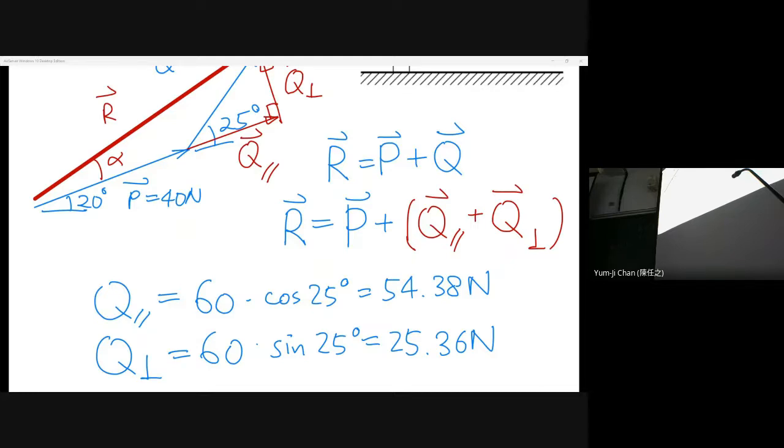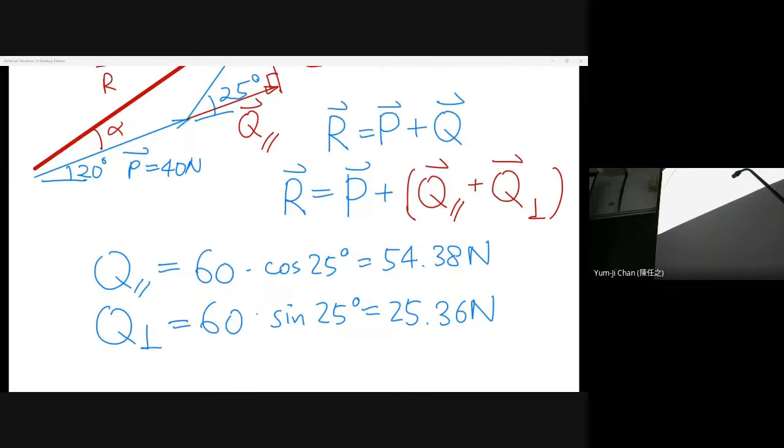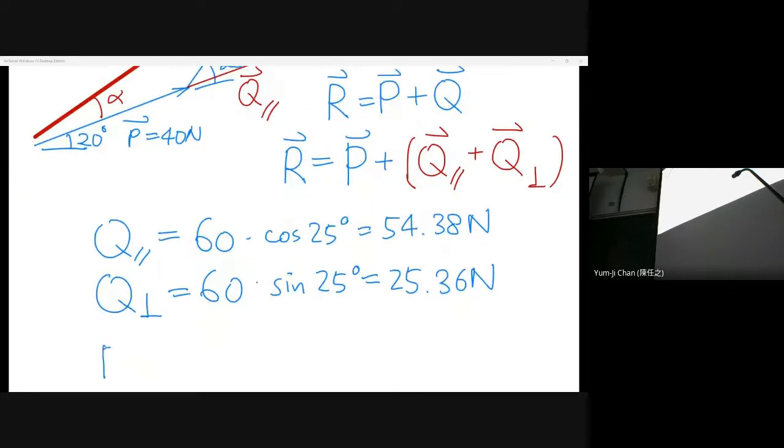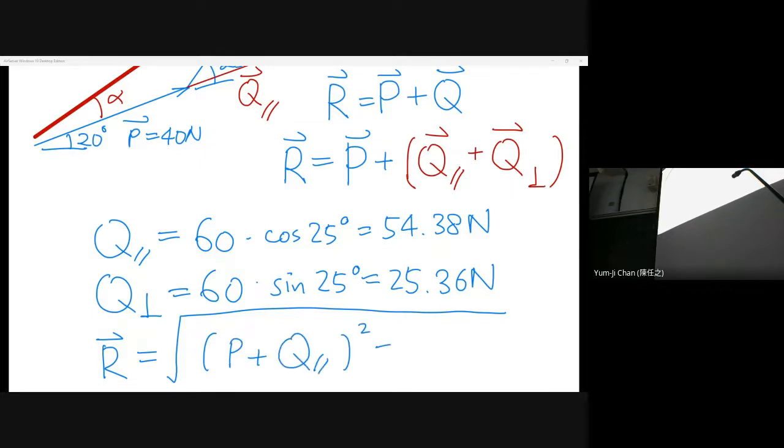And I think you know why we write like this, right? Because this is 60 and this is a right angle triangle, and then we have cosine and sine. Now, how do we calculate R? R is equal to the square root of (P plus Q parallel) squared plus Q perpendicular squared.